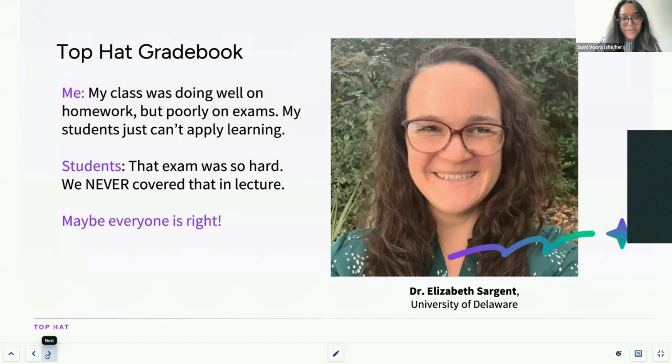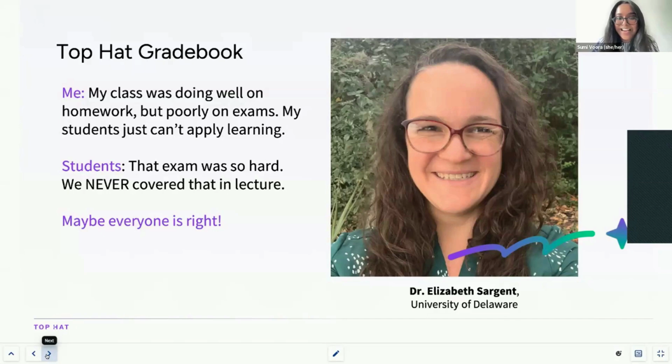But that wasn't happening. So what she did was used Bloom's taxonomy, a framework I'm sure many of you are familiar with, to analyze her homework and midterms. And what she found was very helpful in creating a targeted plan to improve student exam performance.